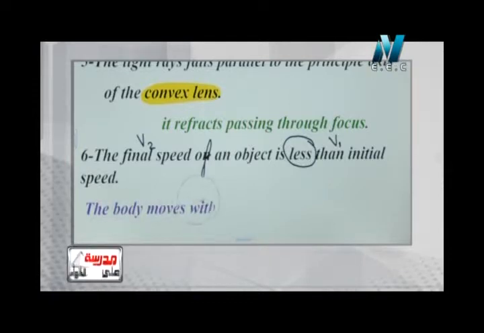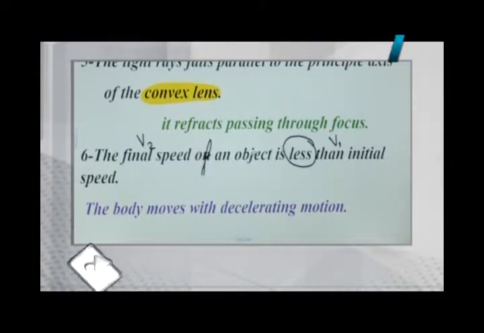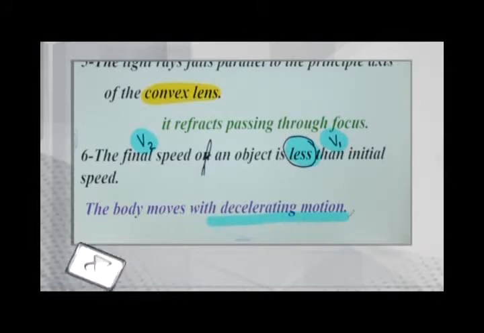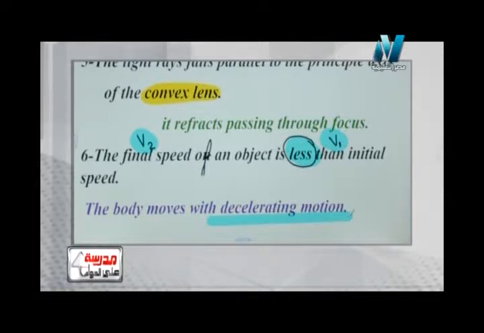The body moves with decelerating motion or decreasing acceleration. Why? Because as we see here, final speed مالها less than initial or starting speed. طبعا using brakes or try to stop whatever. يبقى هنا بتكلم على decelerating motion. As a definition of decelerating motion or decreasing acceleration, the body's speed decreases through time unit.